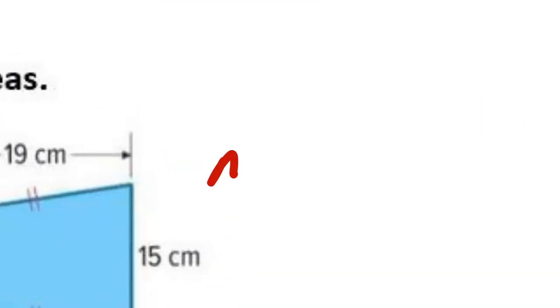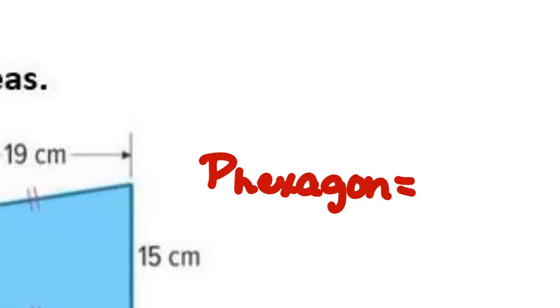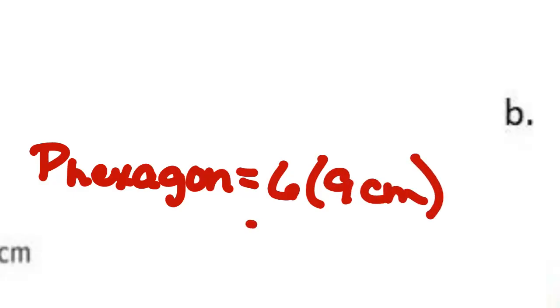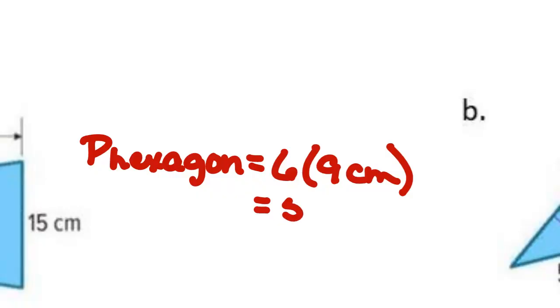So the perimeter of the hexagon, we have 6 sides, 9 centimeters for each side. So the perimeter of the hexagon would be 54 centimeters. But now we need the apothem.